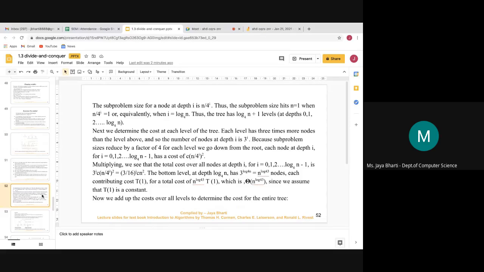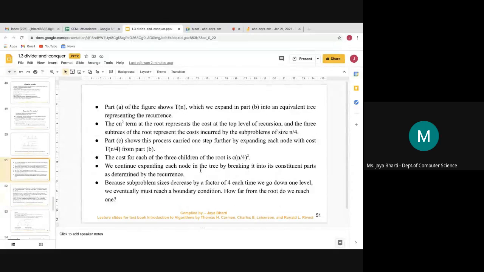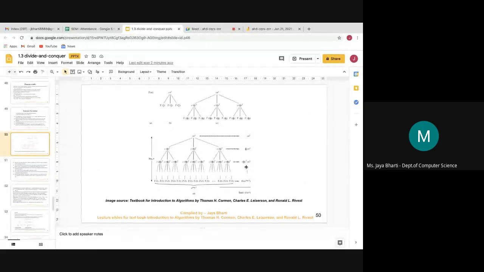Okay, so you can see the node at depth i has the cost of c times n by 4 to the power i, whole square. So whatever our level is, the size is n by 4 to the power i.